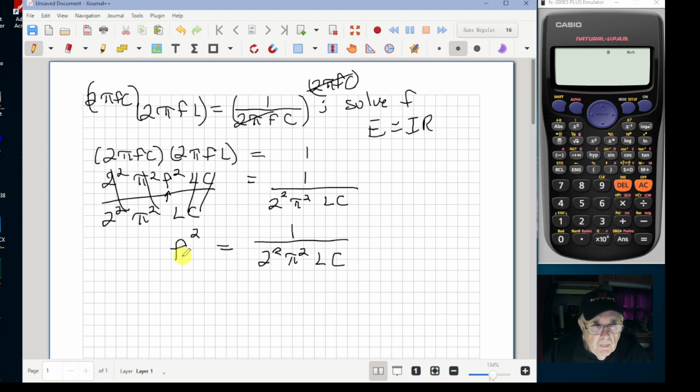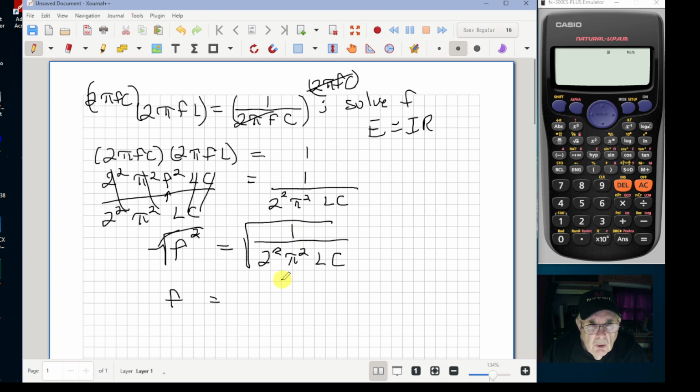Now what remains is, since this is F squared, we can get F if we take the square root of both sides. The square root and the square cancel each other out, and we're left with F. It's a law of radicals that we can separate factors.